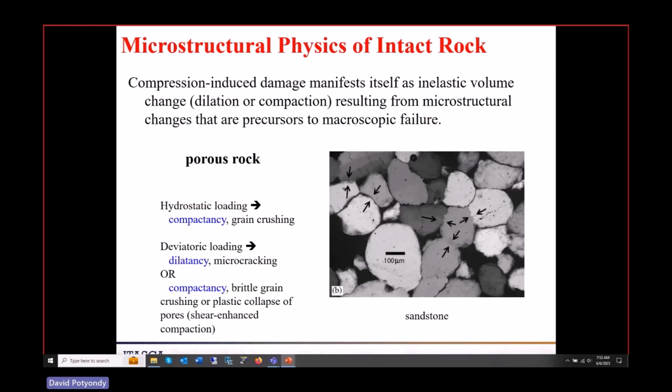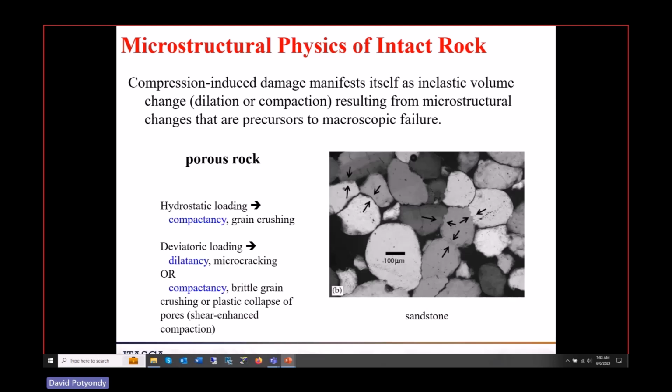We talk about shear enhanced compaction. This depends upon the tightness of the initial sandstone microstructure. Microstructures that are relatively porous will sometimes exhibit this compactancy behavior.